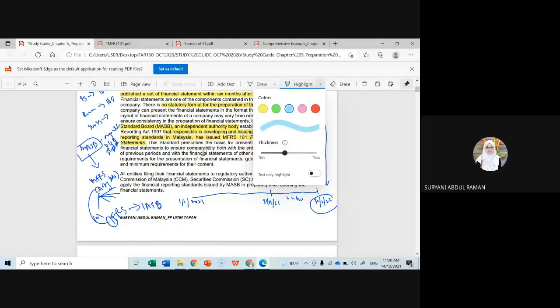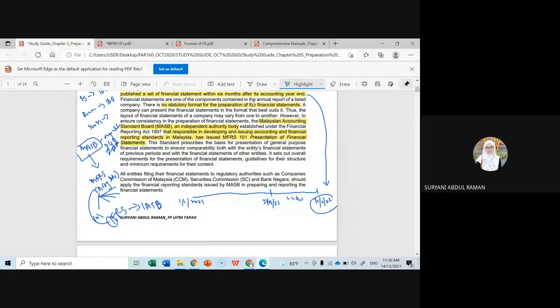First, we want to ensure the consistency of the preparation between one company and another, and after we have achieved the consistency, the next thing is that we can also do the comparison between what and what. Between the entity's financial statements of the previous period and the current period, for example comparing 2019 and 2020, and also with the financial statements of other entities, between company A and company B. Why?